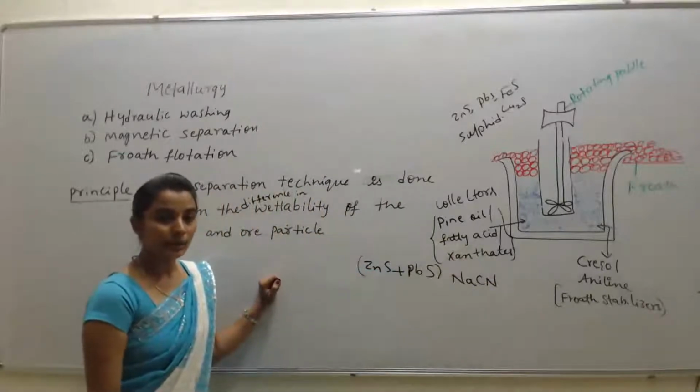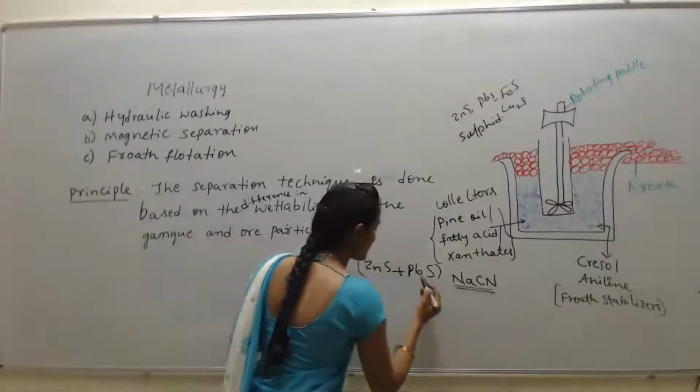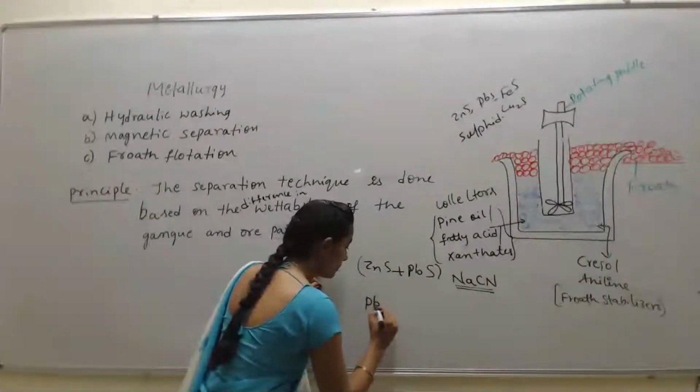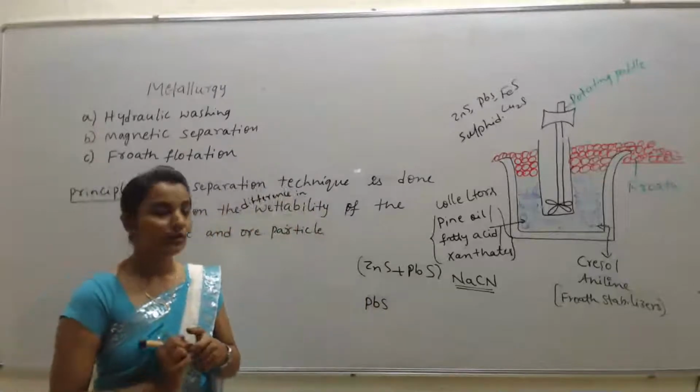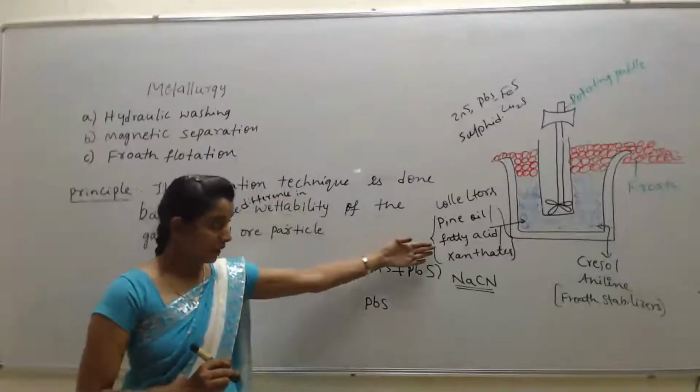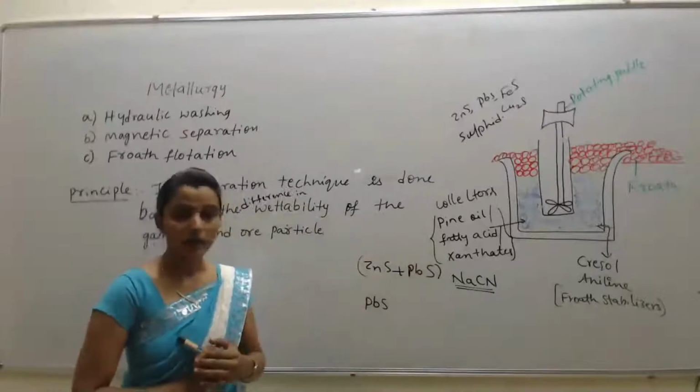NaCN is the depressant. So then what happens? This NaCN prevents PbS from reacting with the collectors or forming froth with the collectors, unlike ZnS.